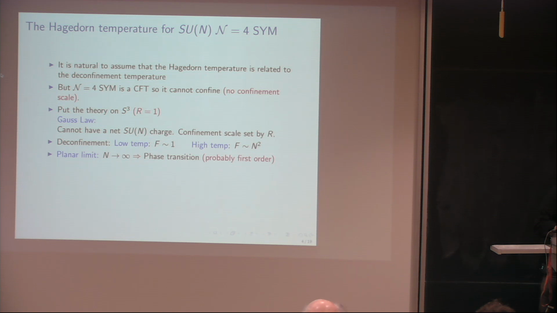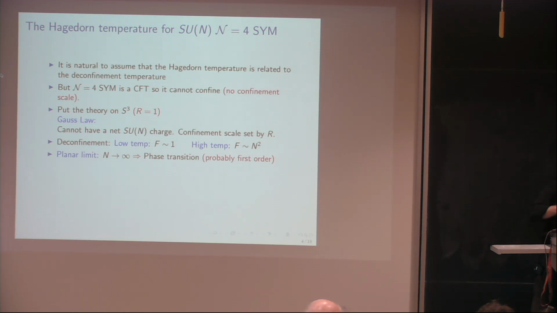What do you mean by related to the confinement? Is the relation just an inequality, that Hagedorn is bigger? Well, at zero coupling, they're equal. If it's a first order phase transition, then at non-zero coupling, the deconfinement temperature would be below it.